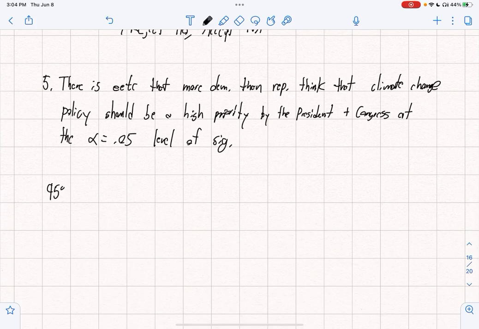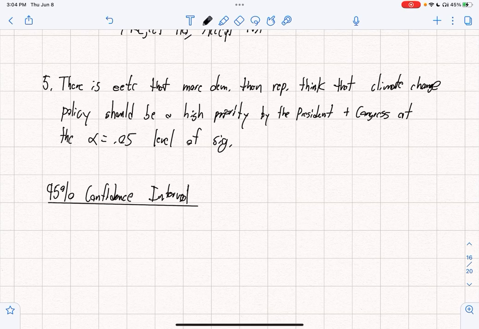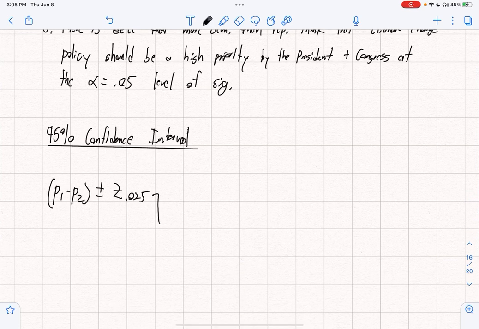Okay, and then our confidence interval, so 95% confidence interval. So we know it is equal to P1 minus P2 plus or minus Z.025 because we have to divide alpha in half for a confidence interval. And then this is the square root of P1, 1 minus P1 over N1 plus P2, 1 minus P2 over N2.